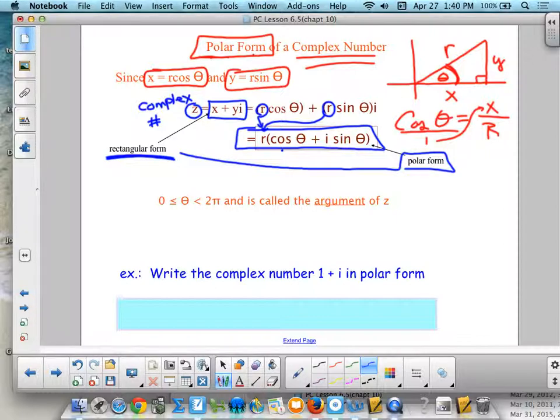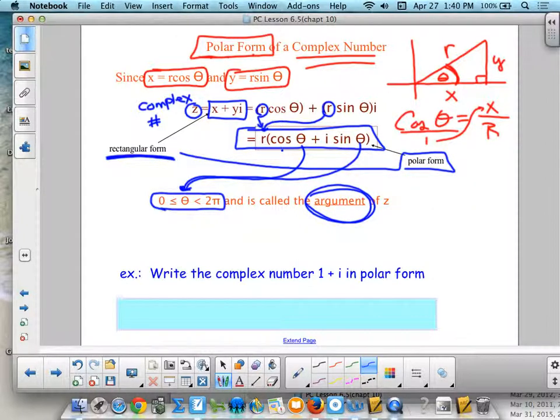Oh, sorry, I forgot to say something. You see these angles here? These angles that you're going to put in here need to be between what? 0 and 2 pi. Because if you go past 2 pi, our answers start to repeat. They're the same answers. Theta is called the argument of z.